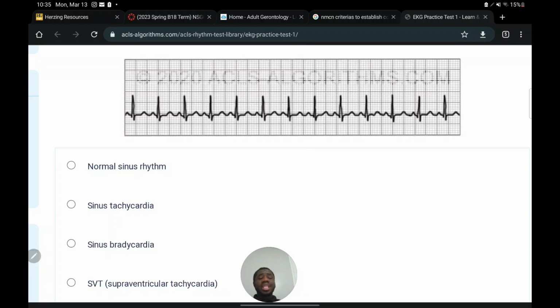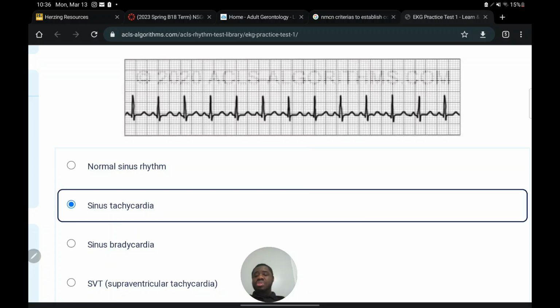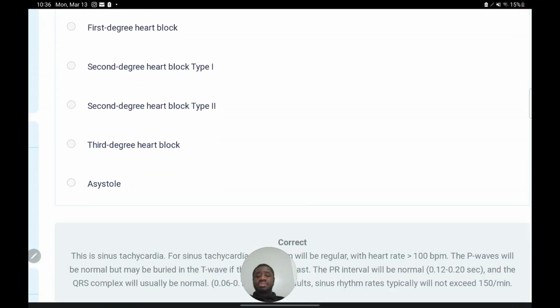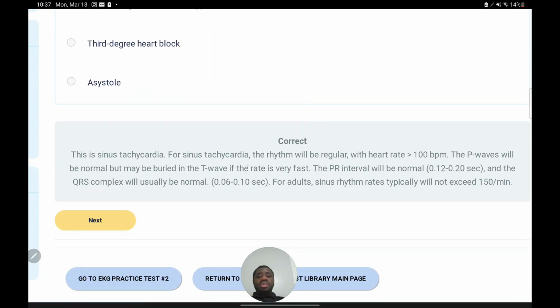In as much as the rate is 150 and below, and the rhythm is regular, it is sinus tachycardia. For sinus tachycardia, the rhythm will be regular with heart rate greater than 100 beats per minute.